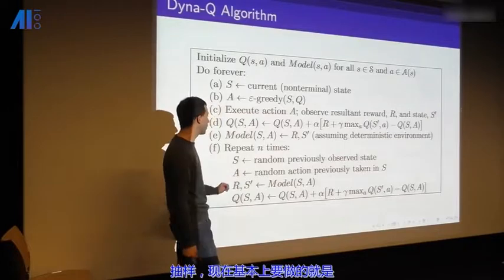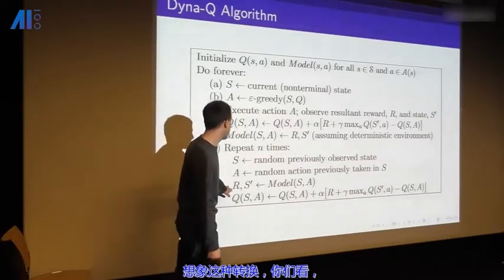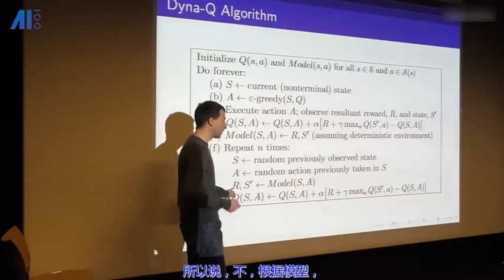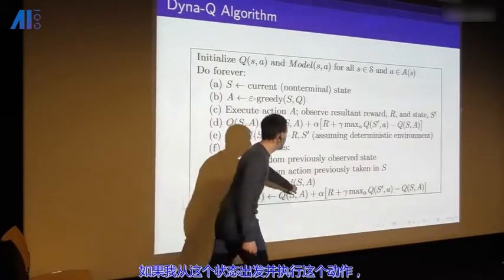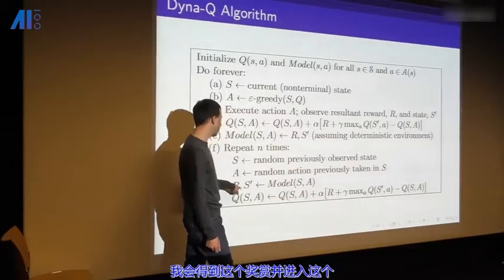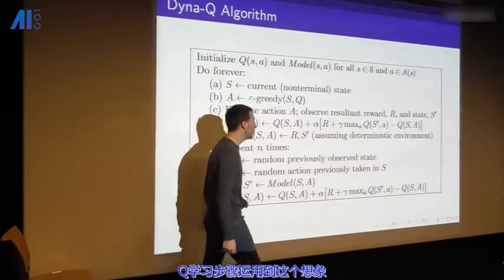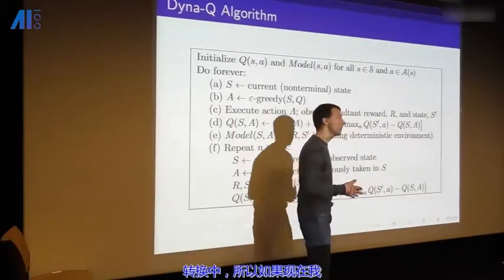And now we imagine that transition. We say, okay, according to my model, if I started in this state and took this action, I would get this reward and end up in this state. So let's imagine that transition, and let's apply a Q-learning step to that imagined transition.